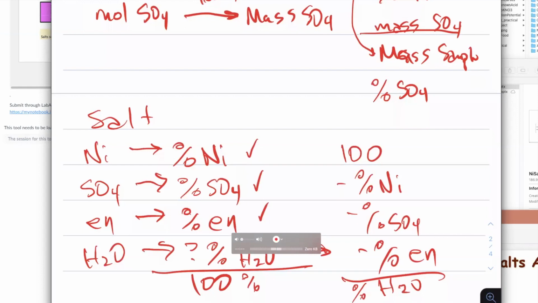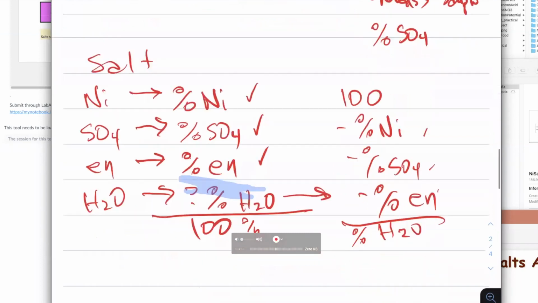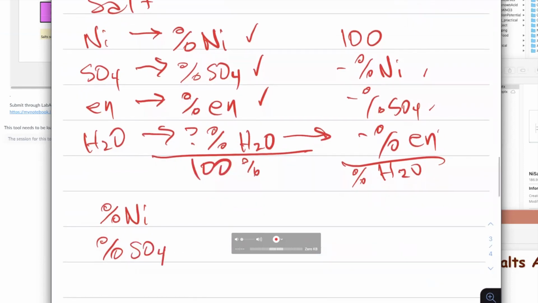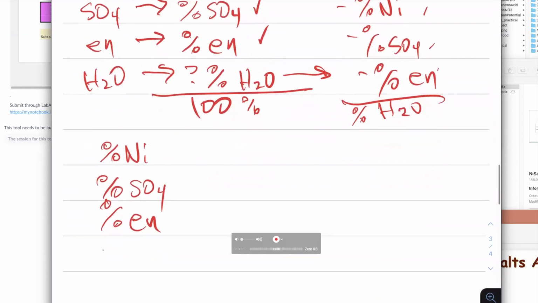That means the water has the biggest error, because if you have any error in any of these, it leads to the error in water. Okay, now that you have your percent nickel, percent sulfate, percent ethylenediamine, and percent water, assume you have 100 grams.